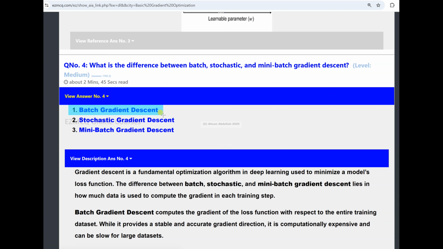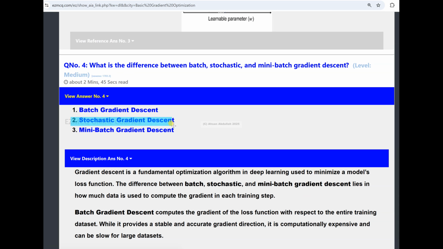And those model parameters are updated once per iteration. Of course, this is very stable and it is accurate. But of course, it is computationally intensive. When you are doing it for a large database, it takes a lot of time. So it is not practical, obviously, for modern deep learning applications with huge data sets. That's the issue here.